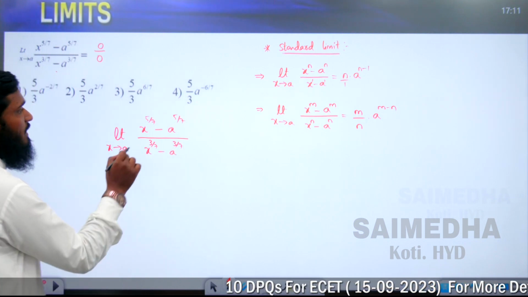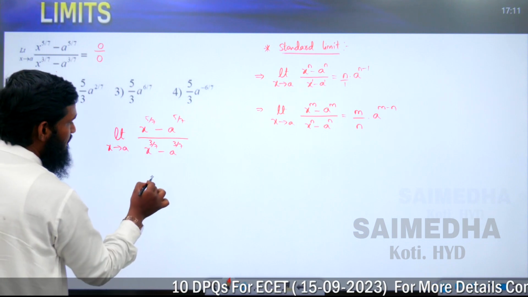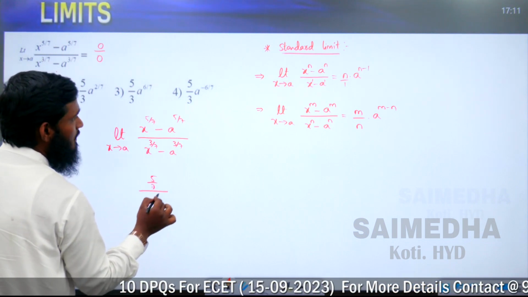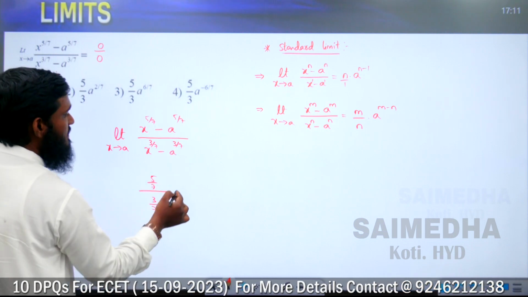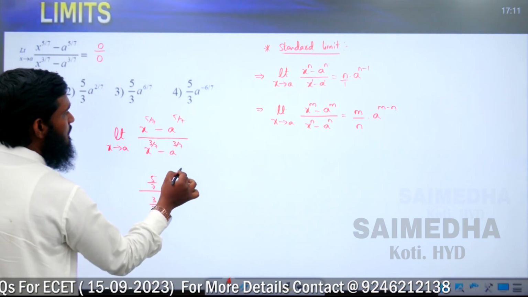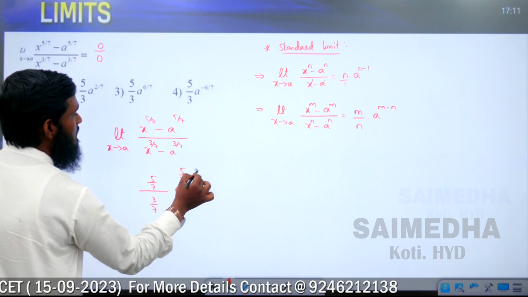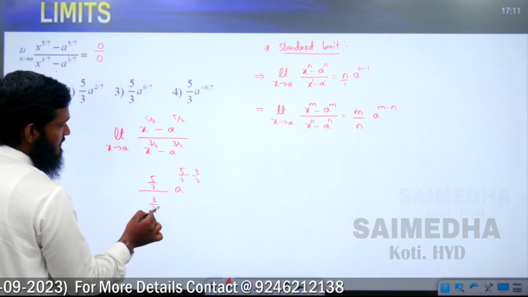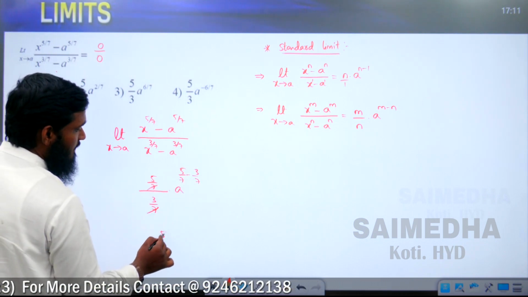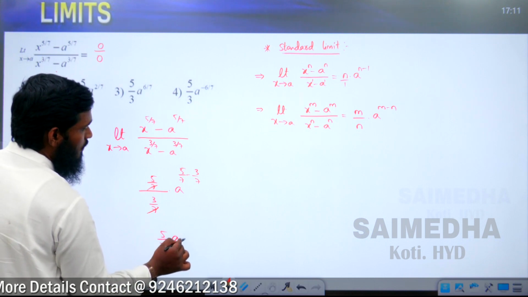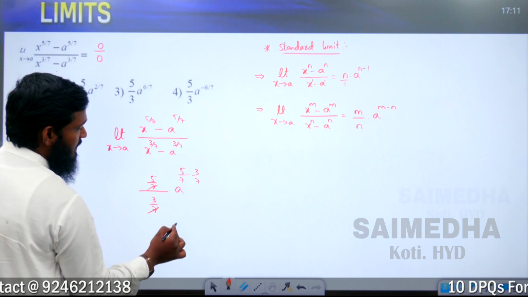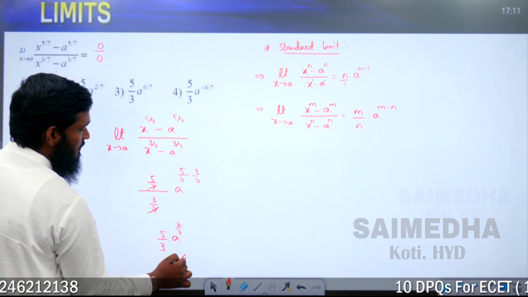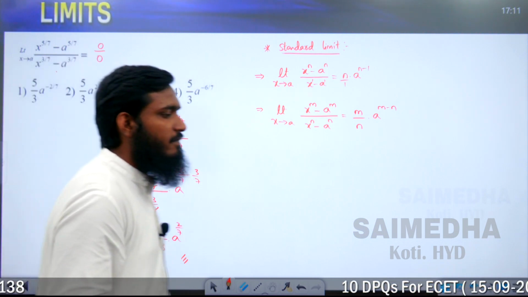Now let us write the formula: m by n, where m is 5 by 7 divided by 3 by 7, into a^(m-n), that is 5 by 7 minus 3 by 7. This 7 gets cancelled. Next we have 5 by 3 into a^(5/7 - 3/7), that is 5 minus 3, which is 2 by 7. That's it. This is the final answer.